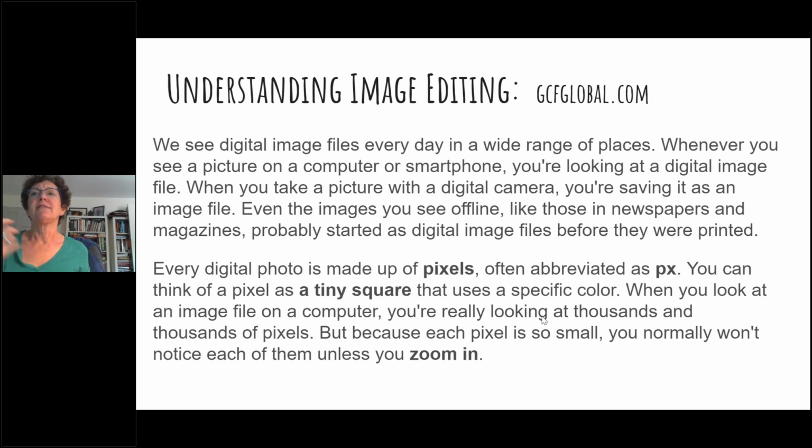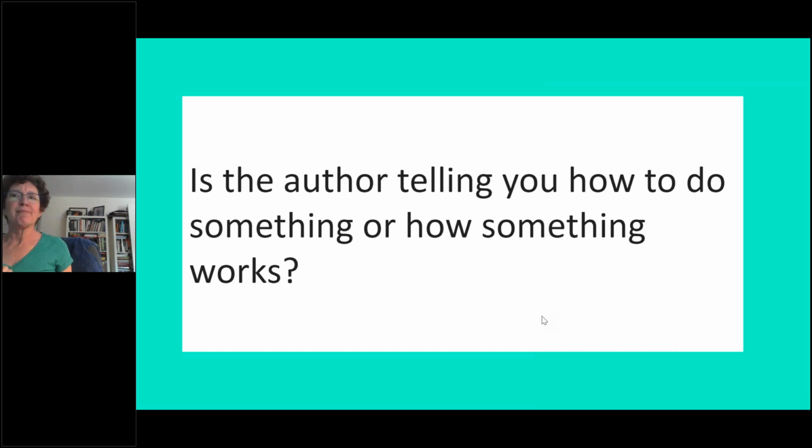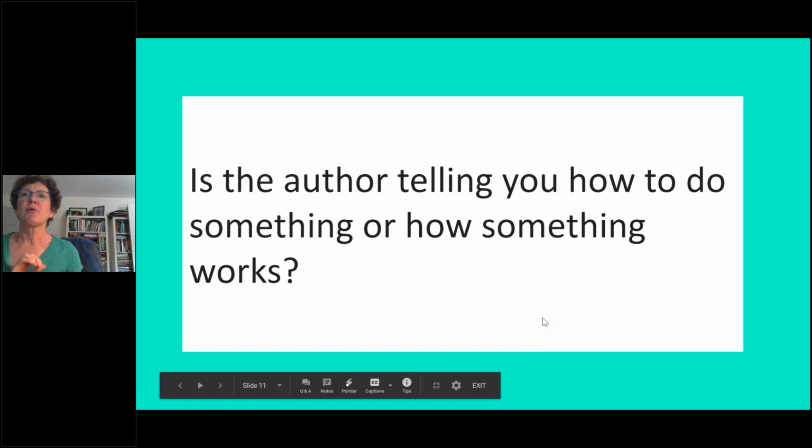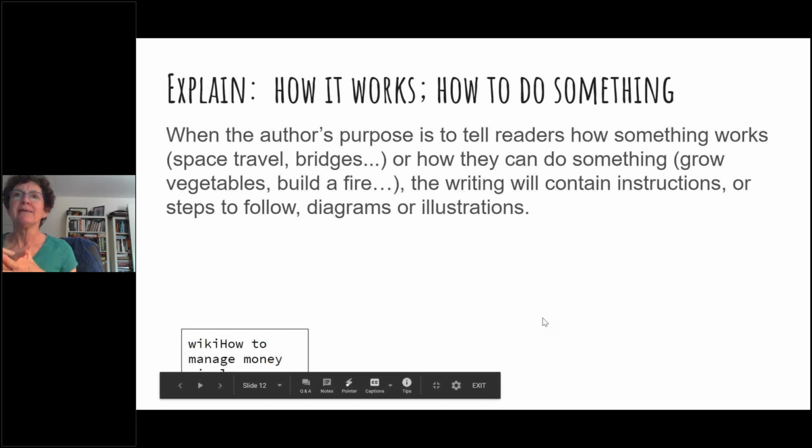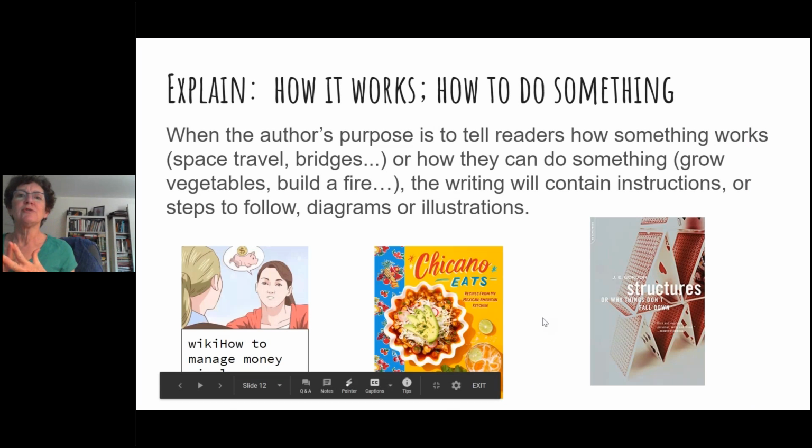So is the author trying to tell us how to do something or how something works? In this case, the author is trying to tell us what a digital image file is and how that works. So the author's purpose here is to explain how it works or how to do something.